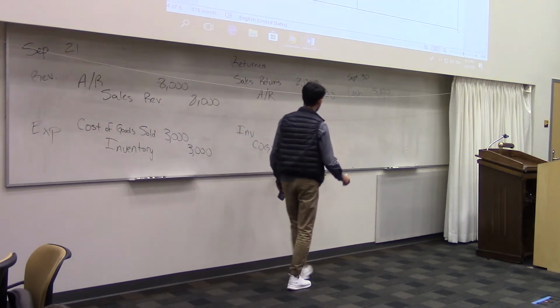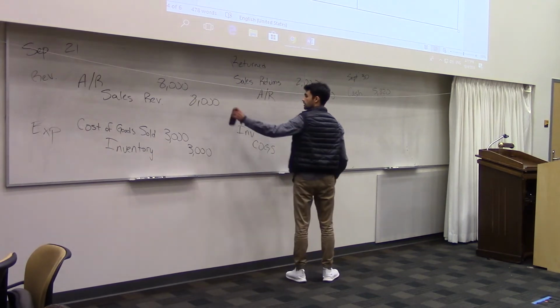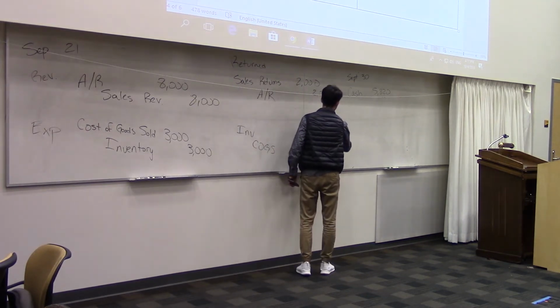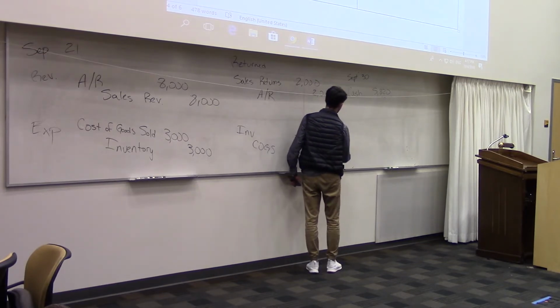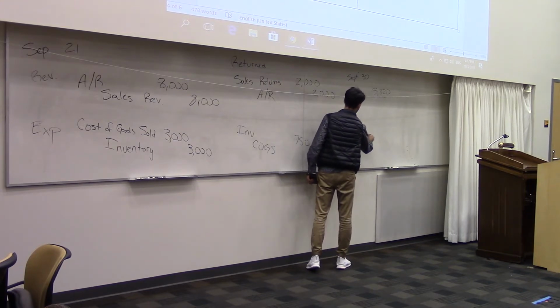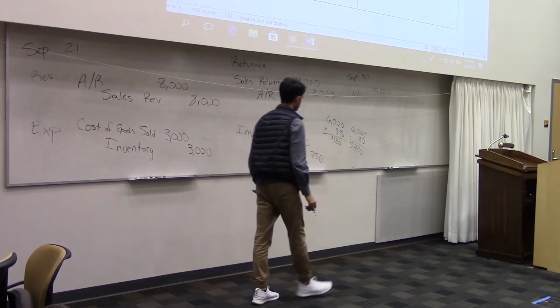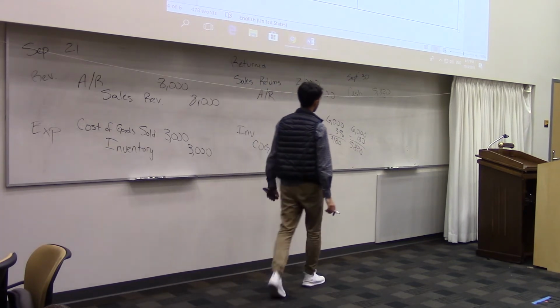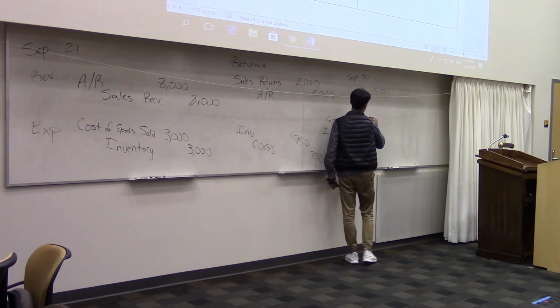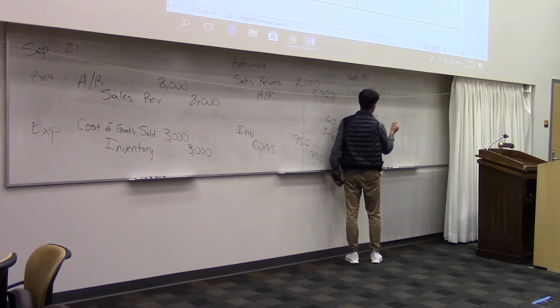And you figure that out by, they owe us $6,000. But we're giving them a 3% discount, so that's a $180 discount. So 6,000 minus 180. I'm going to credit accounts receivable for how much?